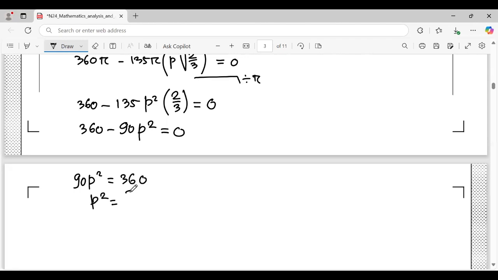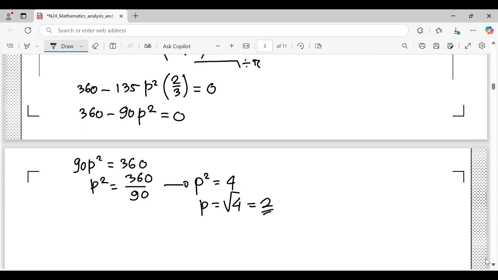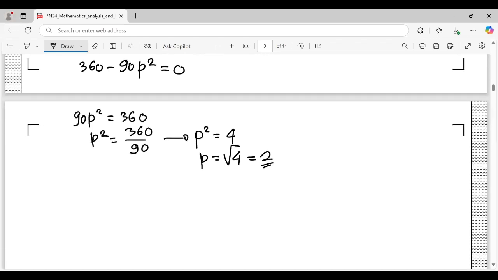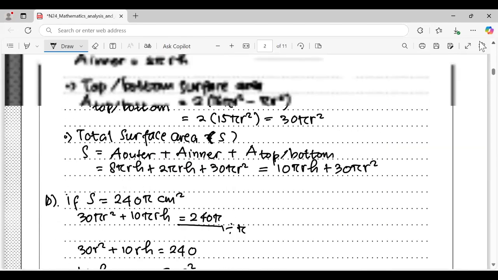P squared equals 360 over 90, or P squared equals 4. P equals square root 4, and it is 2. So P equals 2. And so that, yeah, P equal 2.